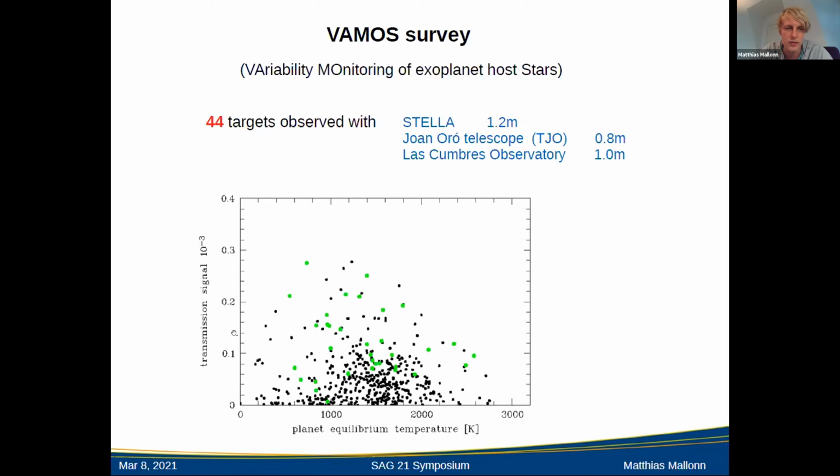On the y-axis, you see their potential transmission signal for 1 atmospheric scale height. So most of the targets were among those that we are interested in for transmission spectroscopy, because they have inflated atmospheres and large potential signals.